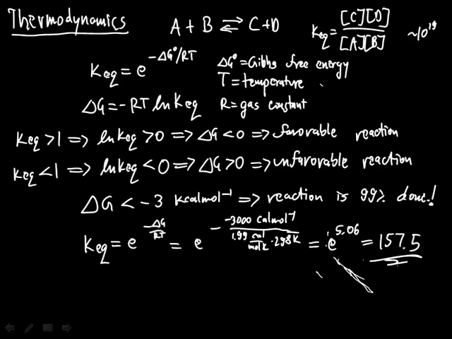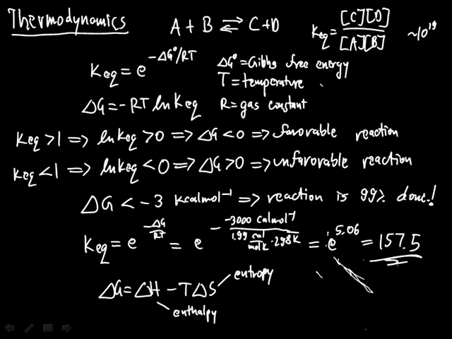It turns out that it's not a uniform value, that delta G equals delta H minus T delta S, which means, first of all, it's dependent on temperature, and it's composed of two main parts: delta H, which is the enthalpy, which is most commonly associated with the heat released or introduced into the reaction, and then delta S is entropy, and entropy correlates to the disorder of the system.